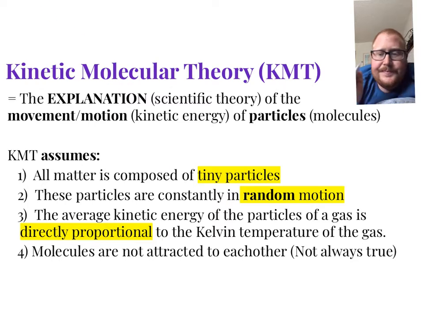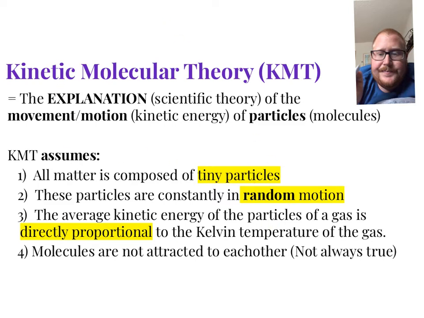Next, we want to say that the average kinetic energy of the molecules, so think back to last year, is directly related to the temperature. So that's saying as the temperature is low, they are moving slowly. And as the temperature is high, they are moving faster.